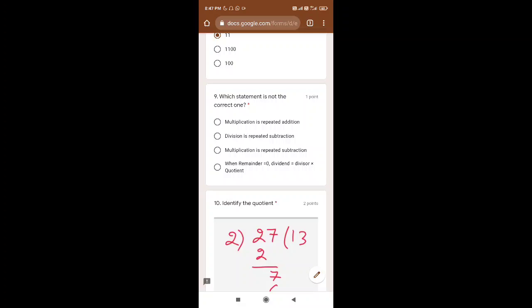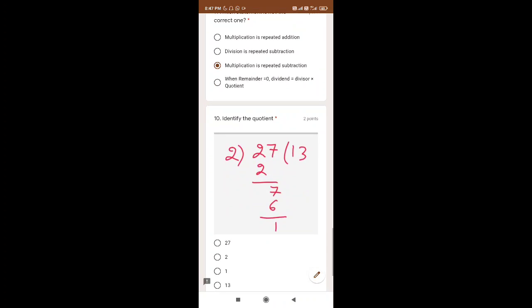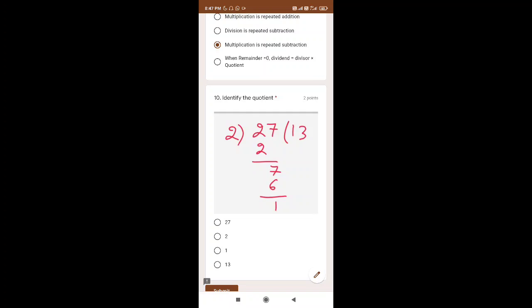So this is the wrong one. In this question we have to select the statement which is not correct, that means the wrong sentence. So option C will be your correct answer here. Then come to the last question, that is question number 10.